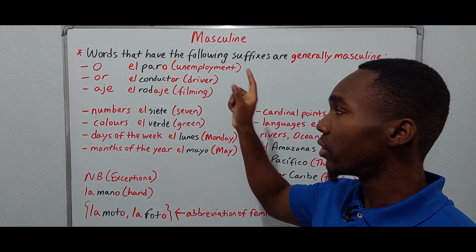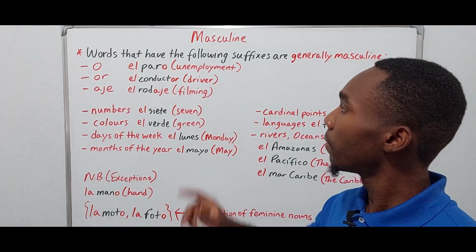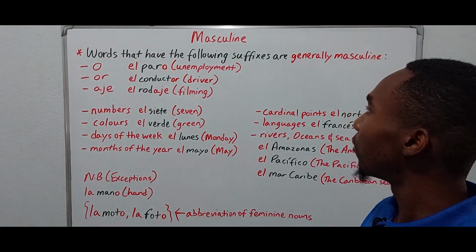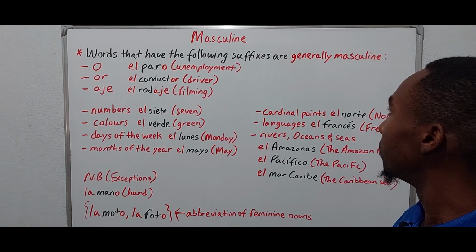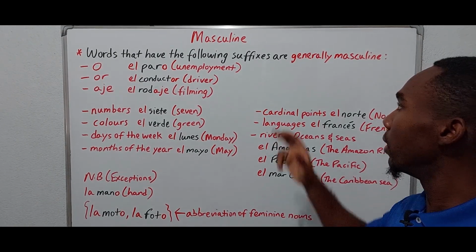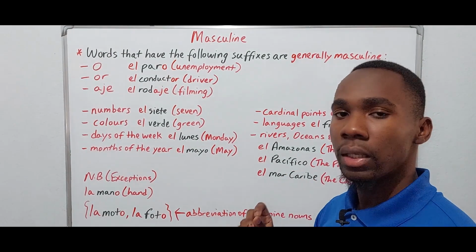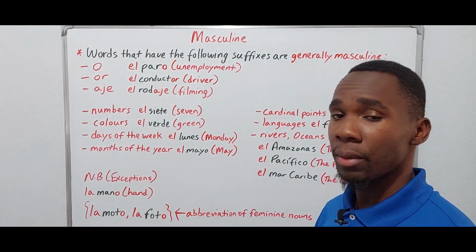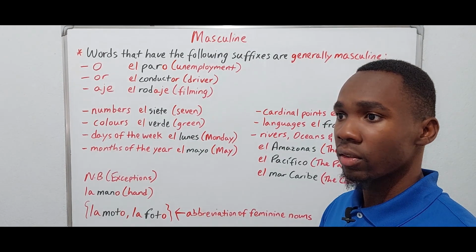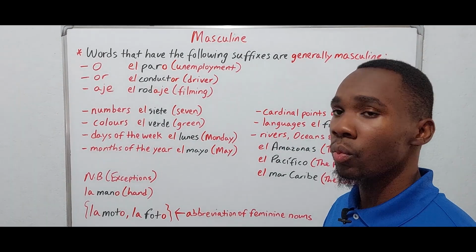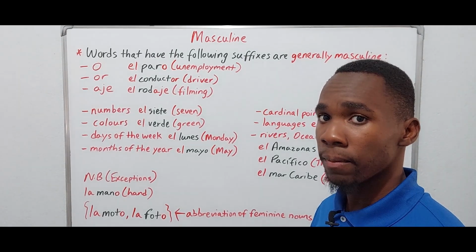So we'll start with the masculine, gents first. Words that have the following suffixes are generally masculine, and I have generally in red because there are many exceptions to this rule. This is just a general guideline that you can use to identify words that are masculine, right?